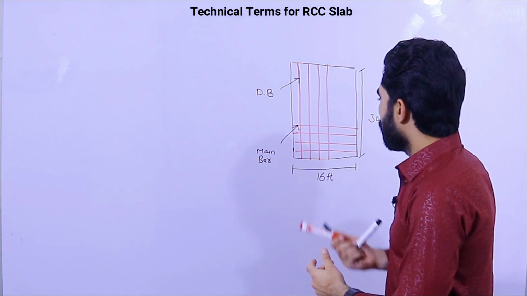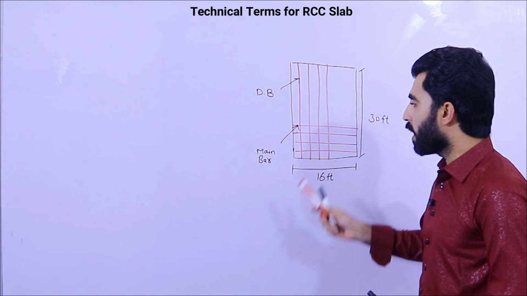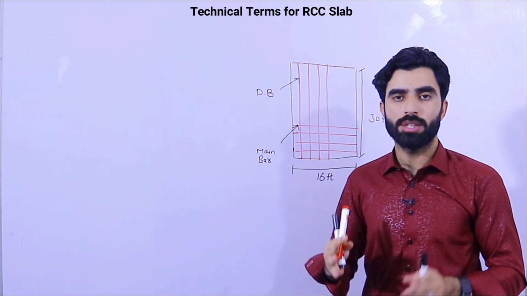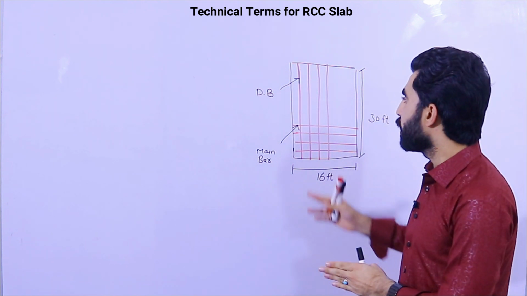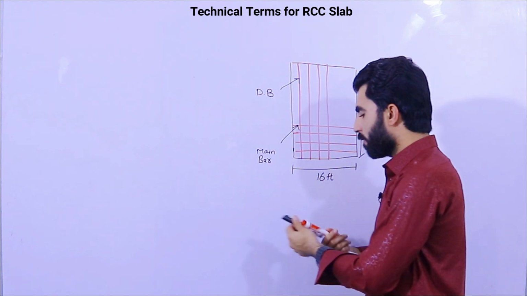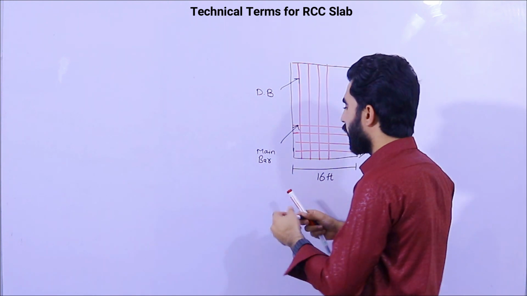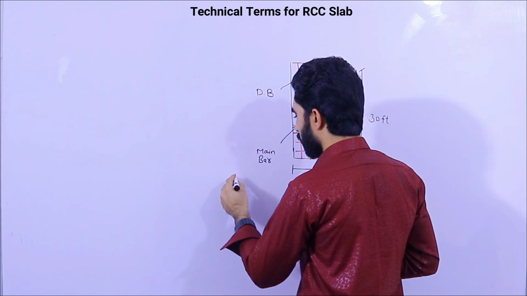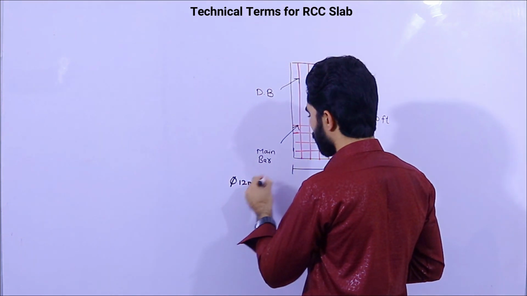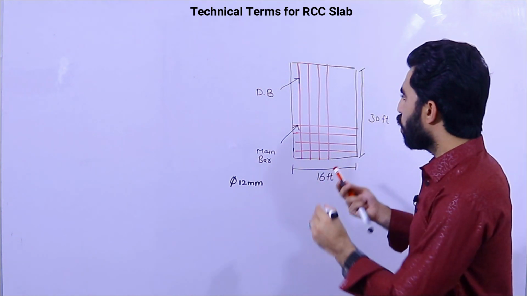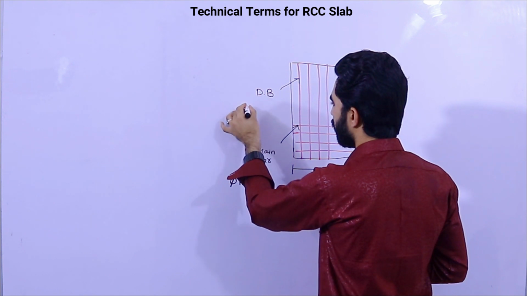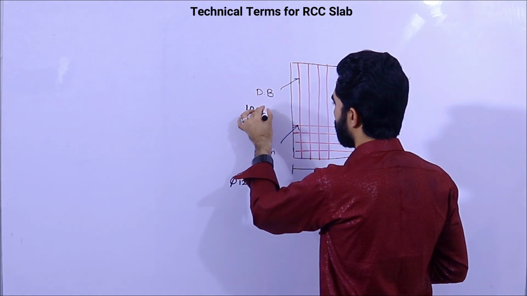For main bars, the main bar's dia should be maximum. Try to use maximum dia compared to distribution bars. How? Suppose we are using a 12 mm main bar, then the distribution bar dia should be 10 millimeter.